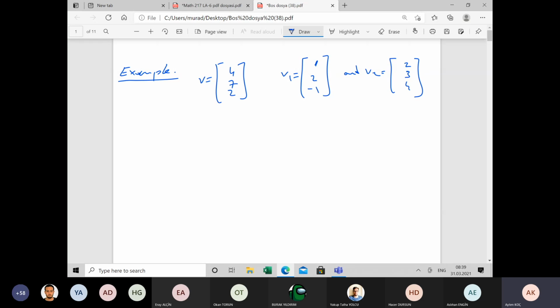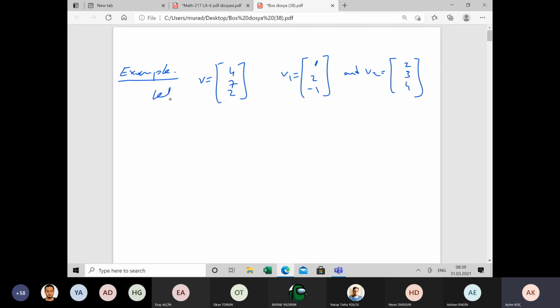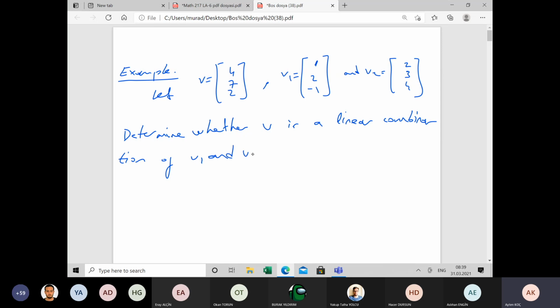Here V is this vector, V1 this vector, and the last vector V2. The question: determine whether V is a linear combination of V1 and V2.